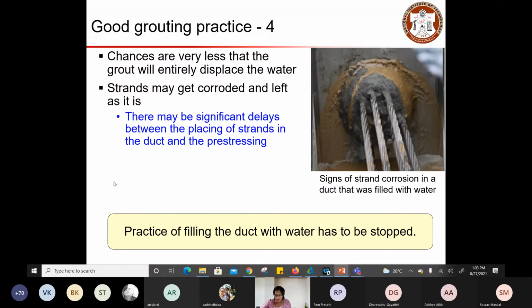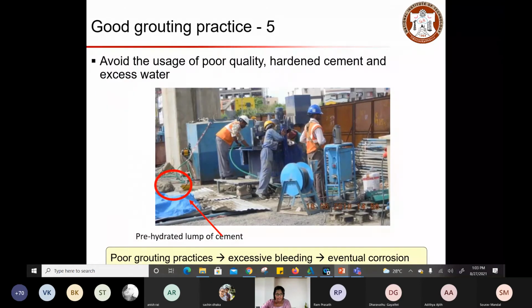Then the other practice is to avoid the usage of poor quality and hardened cement and excess water. This again relates to the end cap thing at the end. So avoid the usage of poor quality hardened cement and excess water in general for your concrete preparation also.